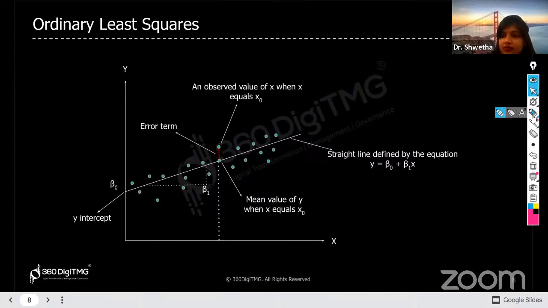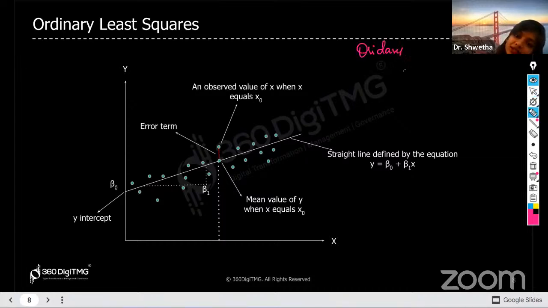Now, the technique we use is called the ordinary least squares method, the technique which is used for regression analysis. Why is it called ordinary least squares? Let us see that. Now, these blue points here are the data points.